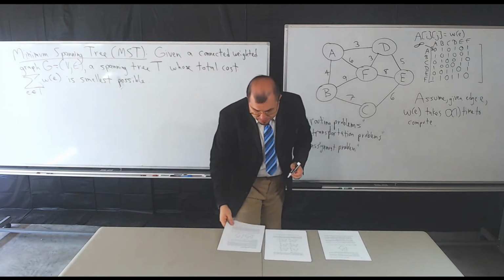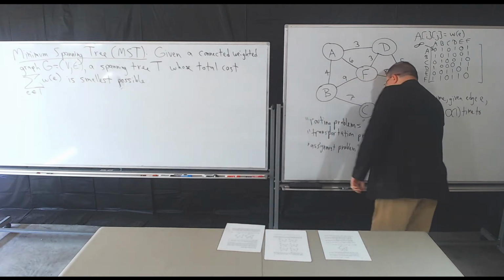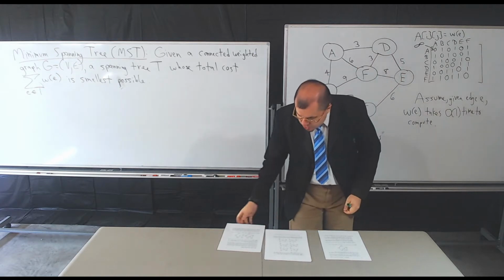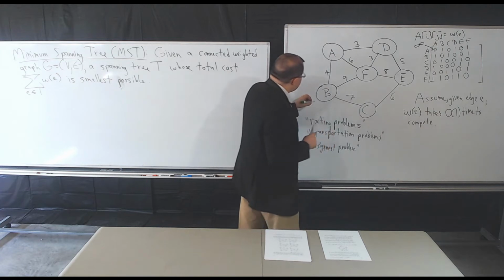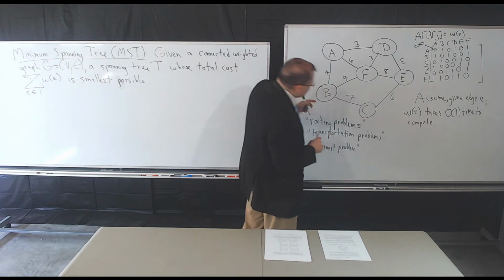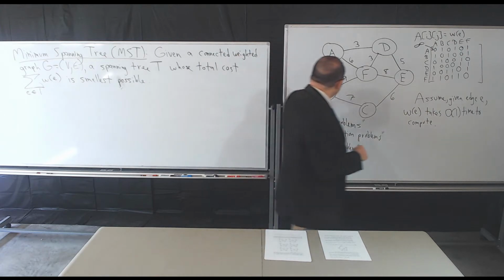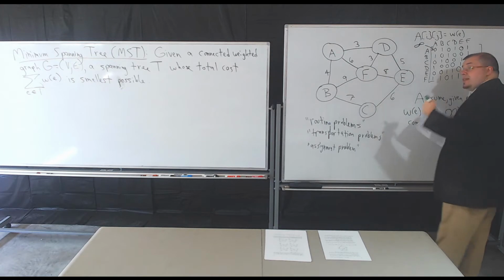Just as an example, let me consider this graph over here. A minimum spanning tree in this graph would be, for example, the following one. So first, can you show me where a spanning tree is? Well, I could simply just take this edge, this edge, that edge, and potentially this edge. That would be a spanning tree.